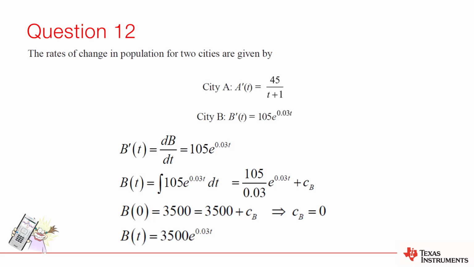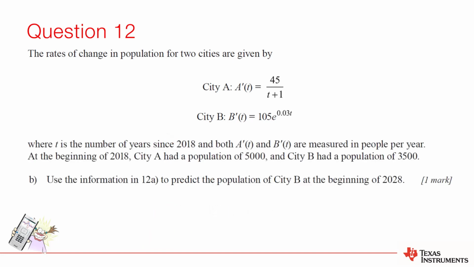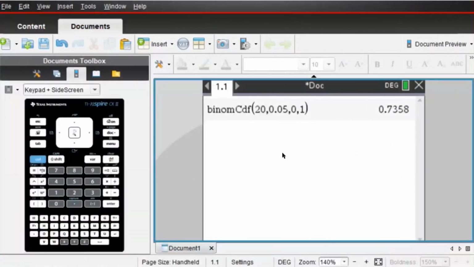Okay, so next part of this question, use the information in 12a that we've just discovered to figure out the population of city B at the beginning of 2028. All right, so let's go to our calculator now, and let me define two functions here.